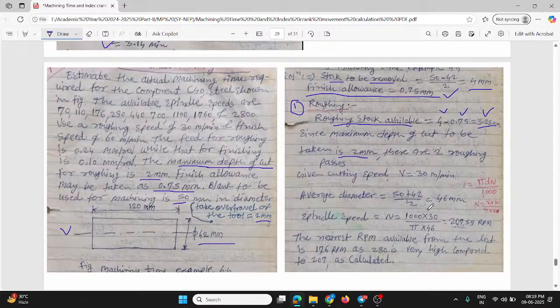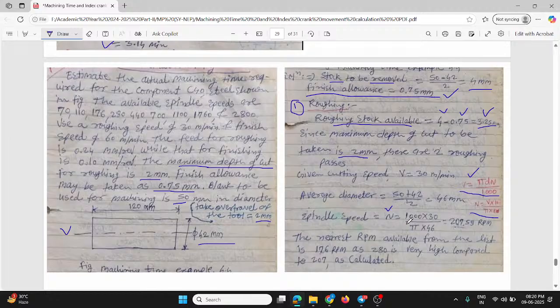For calculating N, you can write the formula V equals pi D N divided by 1000. So N is equal to V multiplied by 1000 divided by pi into D.